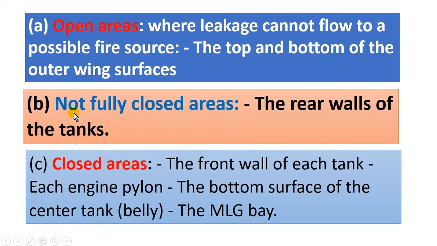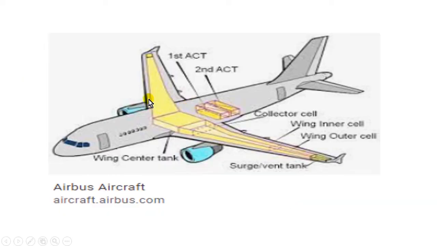The second, the not fully closed areas, are the rear walls of the fuel tanks, the front wall of each tank, each engine pylon, the bottom surface of the center fuel tank, and the main landing gear wheel well. Here these are the tanks, and this is the center tank.